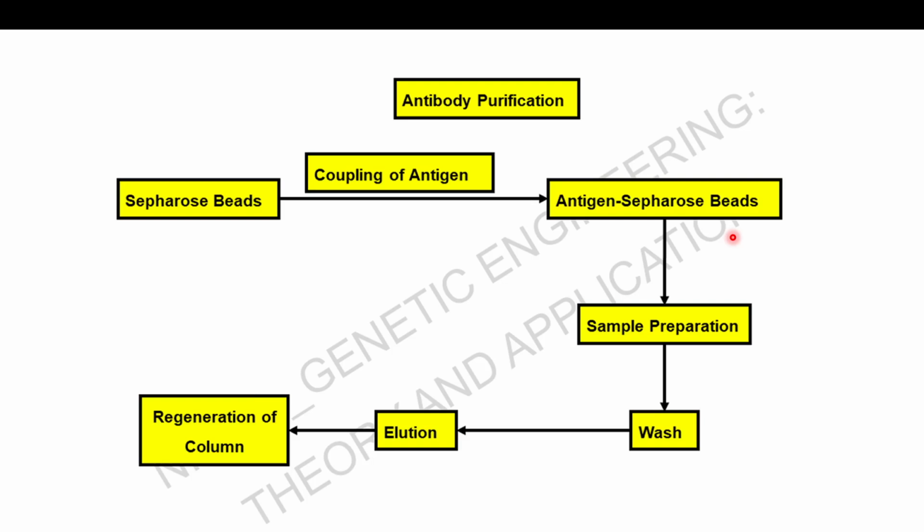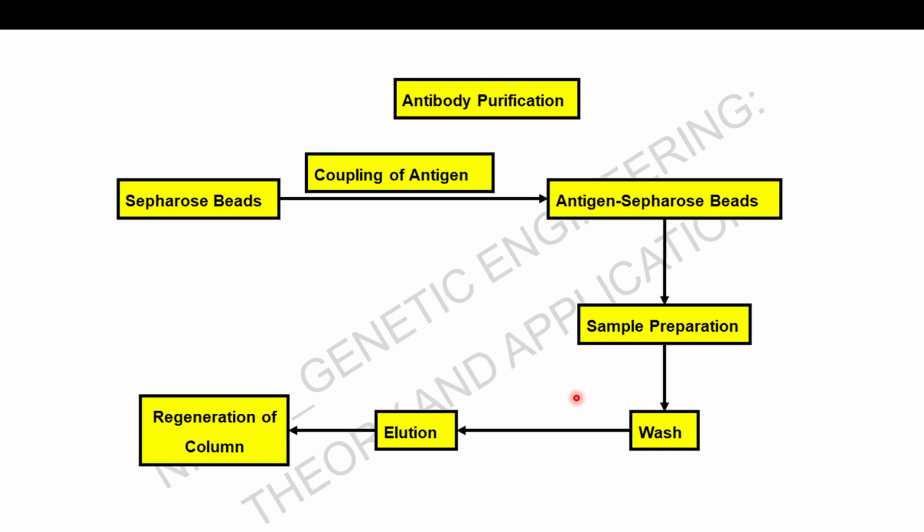You pass it through the matrix, then only the antibody specific to its antigen will be binding, and that's how you prepare your sample. You wash it and then elute out and then regenerate the column. So you get your antibody binding to that specific antigen, and then you purify your antibody. You get the pure form of antibody.